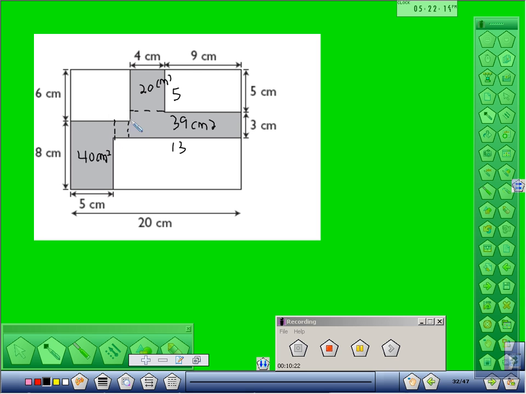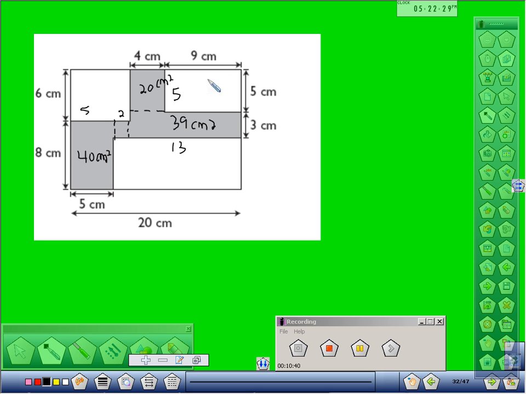Okay. Now they're saying 9 plus 4 is 13. This piece over here is 5. You know, this is a rectangle, so we know this part is 5. 13 and 5 is 18, so that means this has to be 2. Okay? Now we got to fix this part over here.